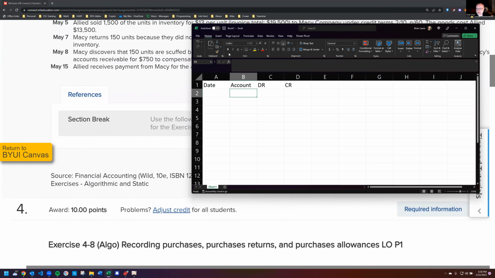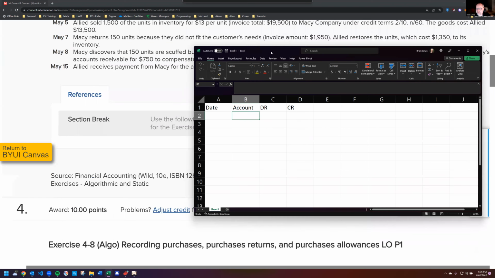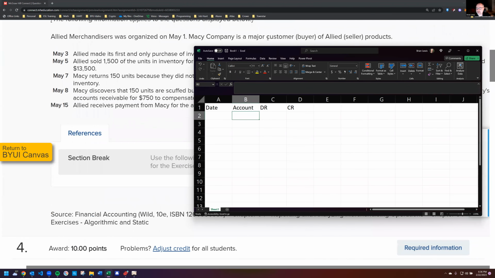And Macy Company is the buyer of any products from Allied, right? So really want to focus in on Macy as the buyer and any journal entries impacting Macy Company, right? Not necessarily Allied, because Allied's on the other side of the coin.